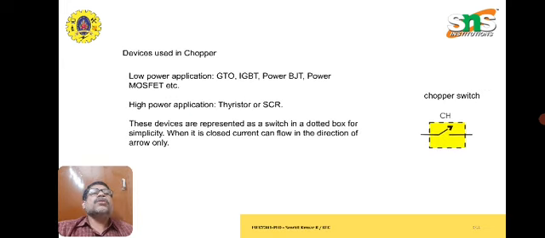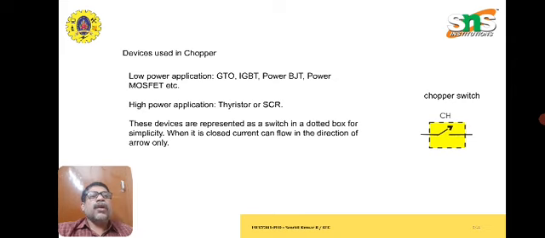The devices used in a chopper, as I've already discussed, are power electronic devices acting as a switch. It may be a gate turn off thyristor, an IGBT, a power BJT, a power MOSFET, etc. In particular, a power MOSFET is used because it has a higher switching frequency.